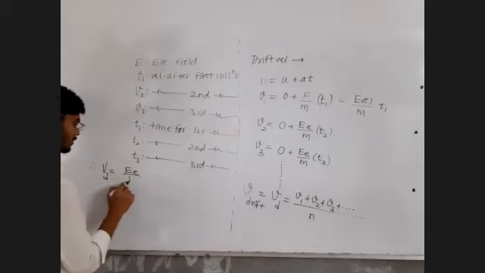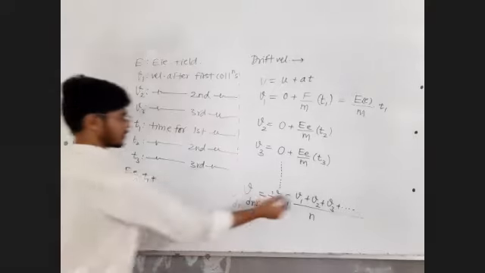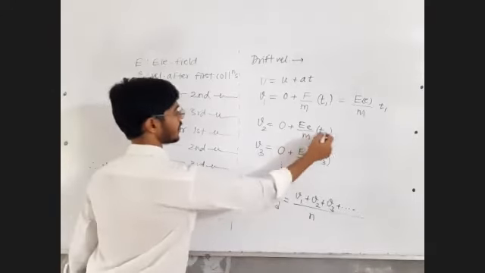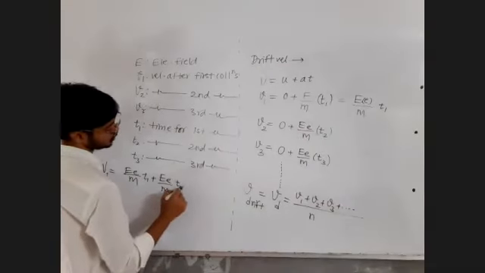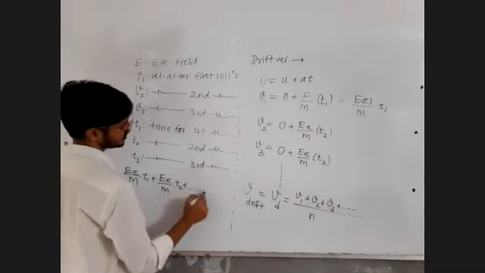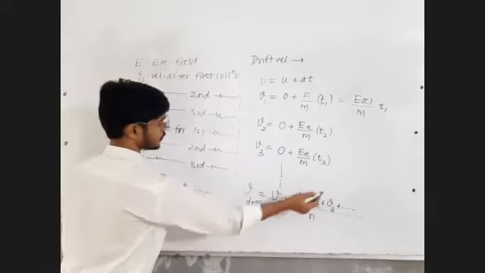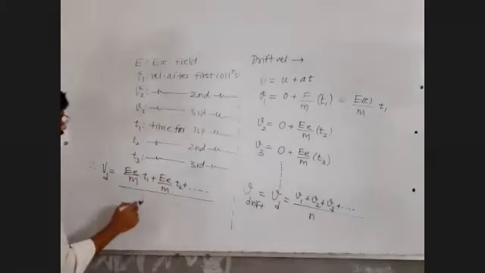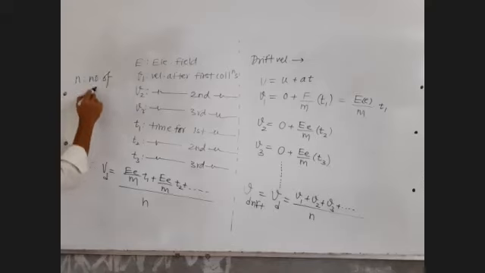E by m, where m is the mass of the electron, plus V2. V2 is E by m into T2, plus and so on, divided by n, where n is the number of collisions.